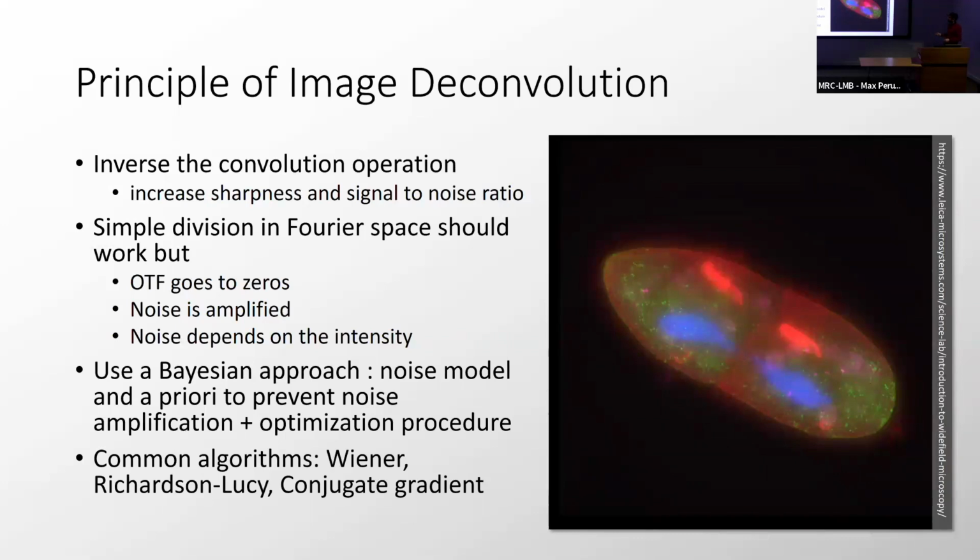You will start to multiply by very small values of the OTF, and the noise also depends on the intensity. So you have a very complex problem. You can use a Bayesian approach with a noise model and a priori, like I presented earlier, to prevent noise amplification and optimize this cost function.